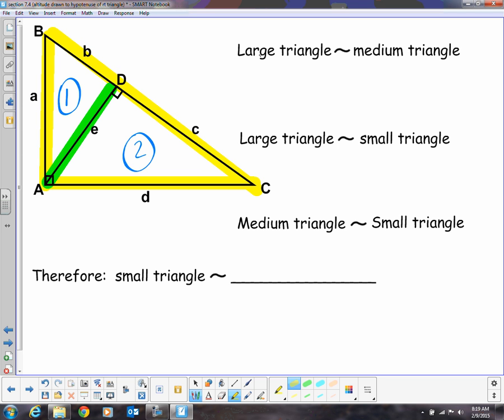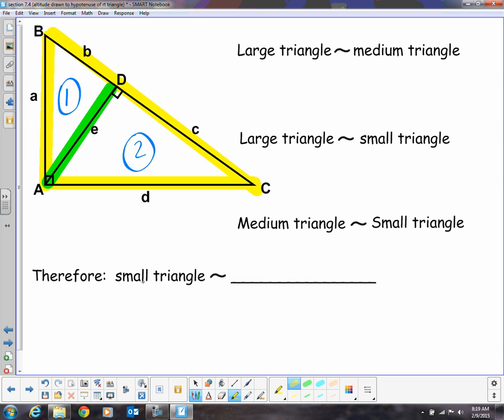So where they're saying that the large triangle in yellow is similar to the medium triangle, which is number 2. They're saying the large triangle is similar to the small triangle, number 1. The medium triangle, 2, is similar to the small triangle, 1, because they're both similar to the large.